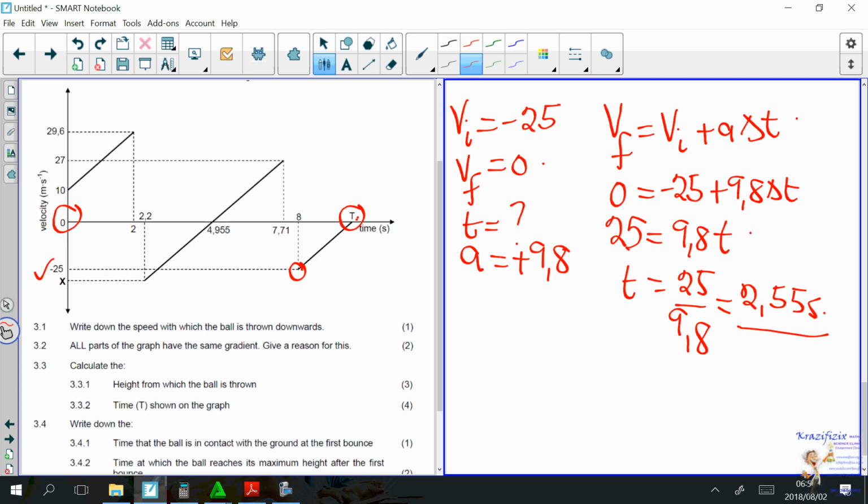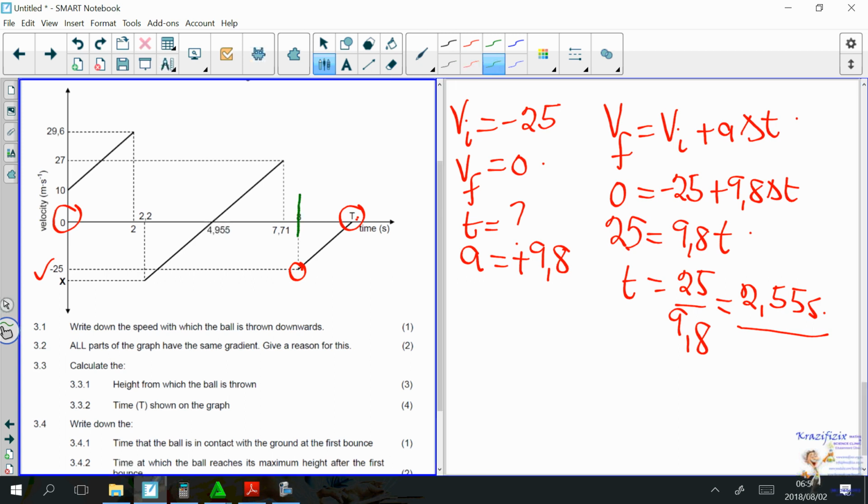The time frame, we started from here. Now, this is where learners don't get it. We started from here and we ended here. It means the time frame between these 2 points is now 2,55. So what is the time at t?